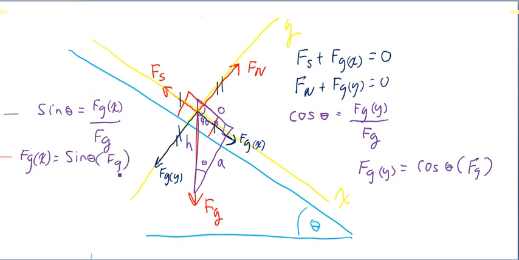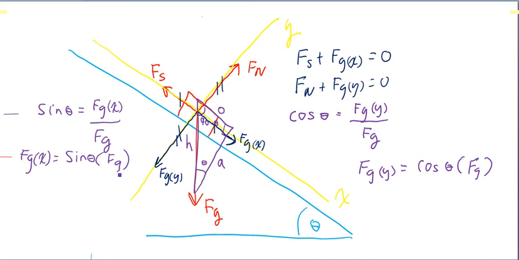So this tutorial here will help you solve any sort of problem, or at least get started with any problem that has to do with ramps, whether it's sliding or not. If it's sliding at a constant velocity, then instead of Fs, it'll be Fk being equal to Fg in the x direction.